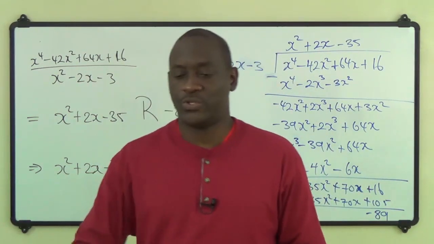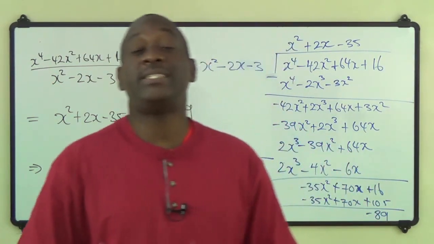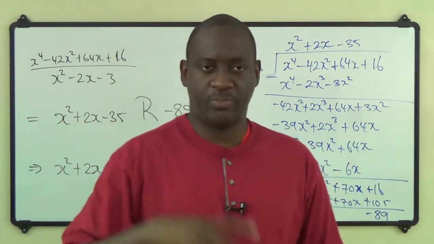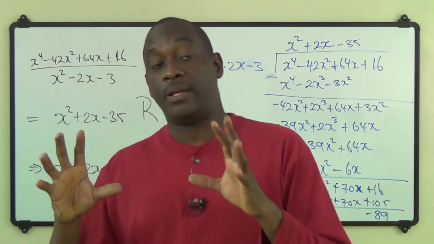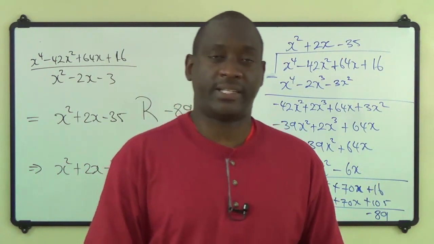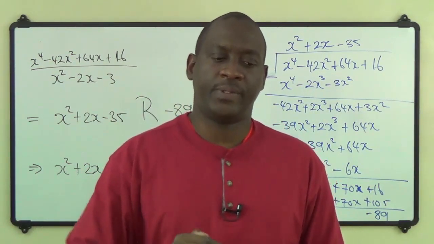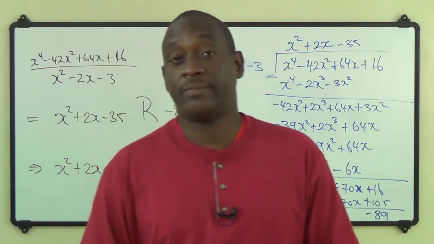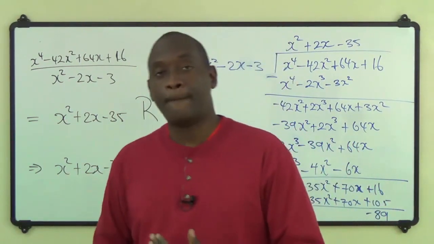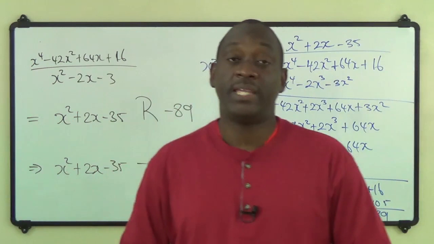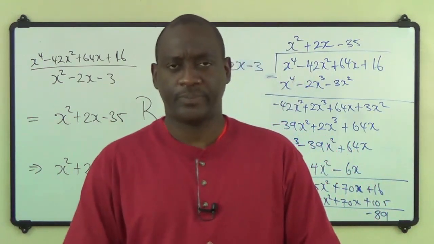What I will do, I will go through the derivation. I will go through the process of deriving the remainder theorem and the factor theorem. All right, and once we derive it, we will be able to express it, and more importantly, we will be able to use it. Good?